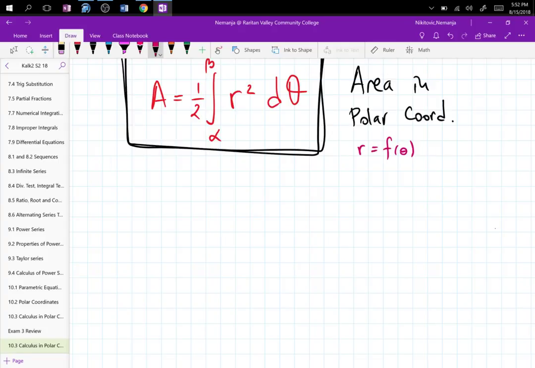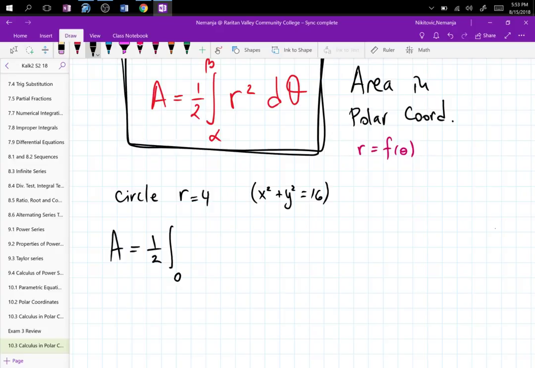So now, if I am to unleash this formula upon our circle equation, r equals 4, which is actually the same as x squared plus y squared equals 16, I will have that the area is equal to 1/2 integral from 0 to 2 pi of 4 squared d theta.